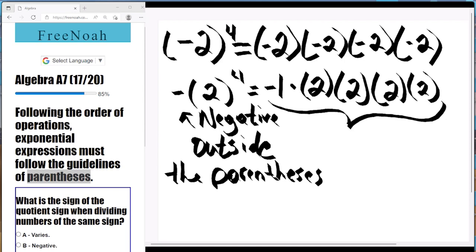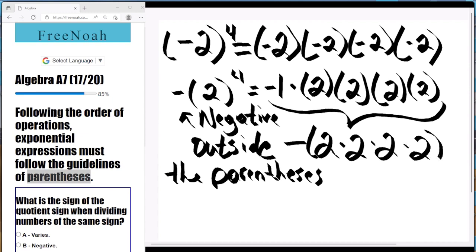Here we go. So let's evaluate this and see if we get a different answer. We have negative, open parentheses, and within the parentheses we have simply 2 times 2 times 2 times 2. Our next regroup is going to be negative, open parentheses, 4 times 2 times 2.